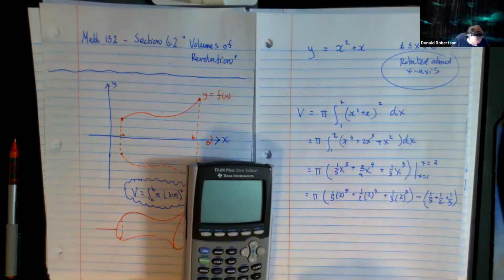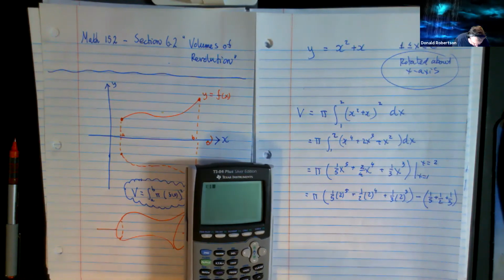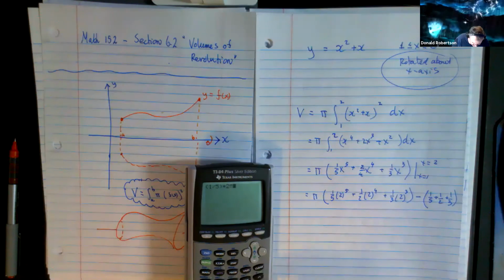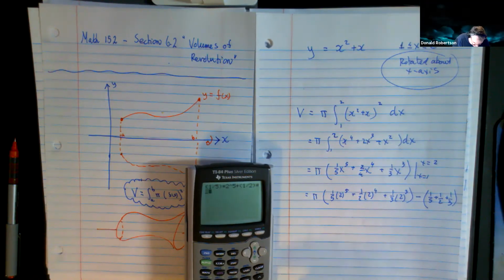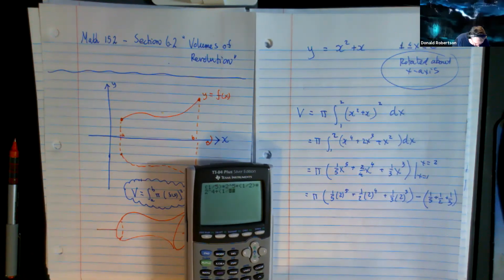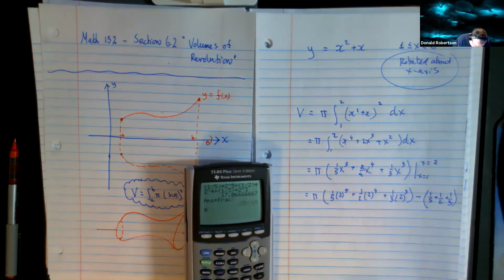And then I say, time for calculator. So 1/5 times 2 to the power of 5, add 1/2 times 2 to the power of 4 plus 1/3 times 2 to the power of 3, and then hit the math button and turn it into a fraction.